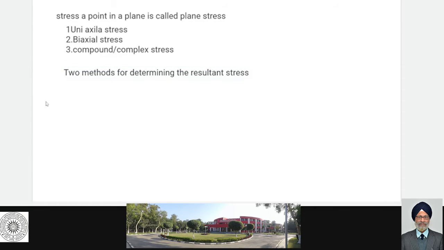So what are these two methods? Number one, analytical methods.